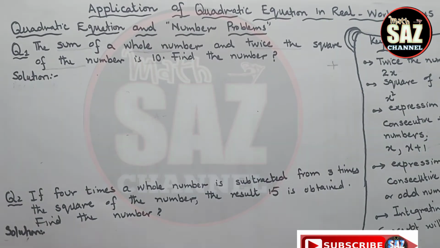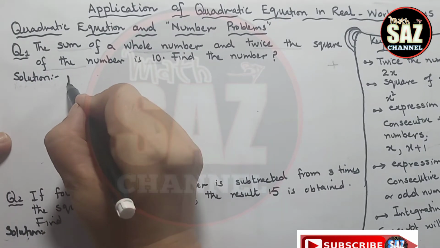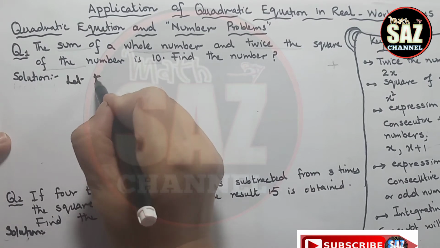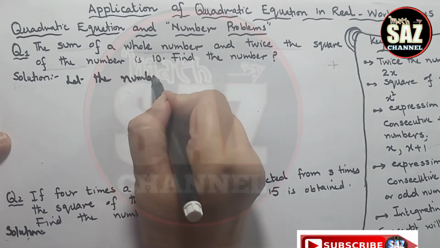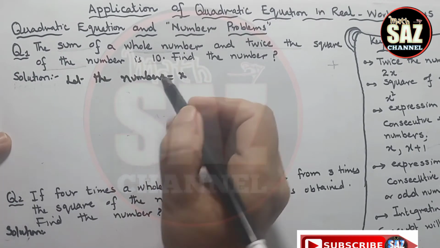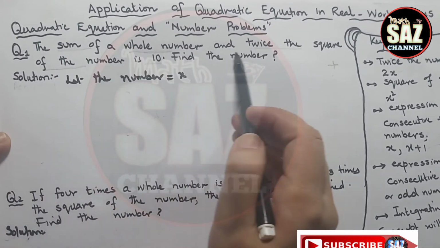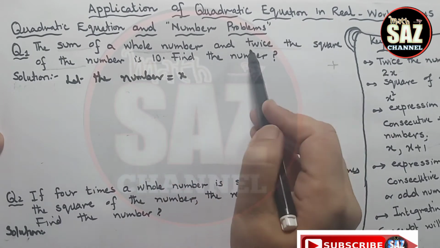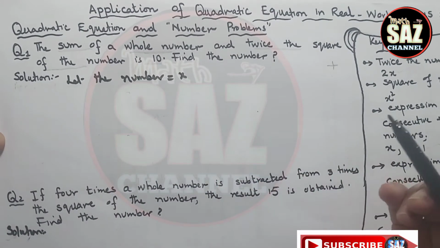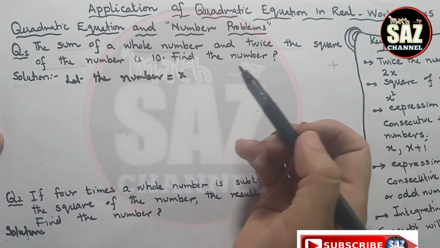Then we have to think about some whole number. Let the whole number be x. Then the sum of the whole number and twice its square. So what should I write for the twice? Twice means that I have to multiply that number by 2.